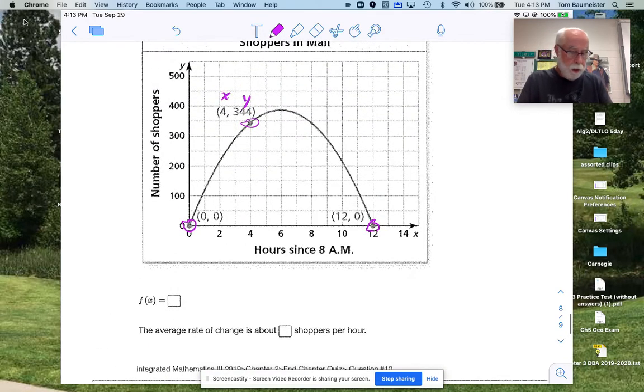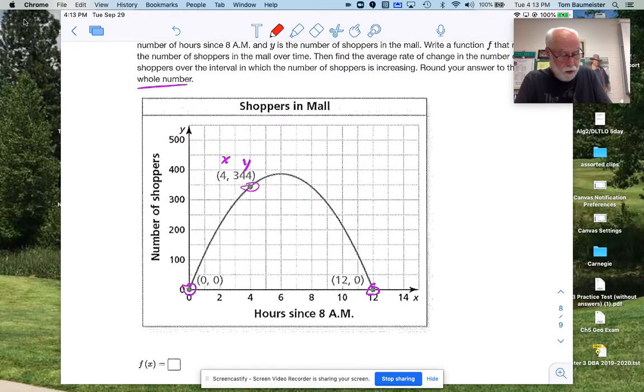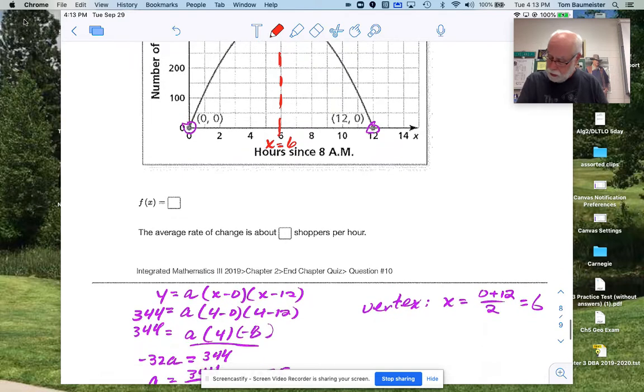So if we go up here, we should see, and it does look like that's where it is, ladies and gentlemen. It does look like that's where it's changing our position. All right, so that is our x value. So our x is equal to 6.